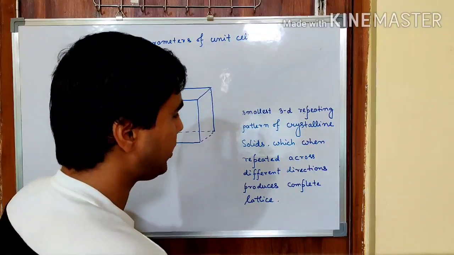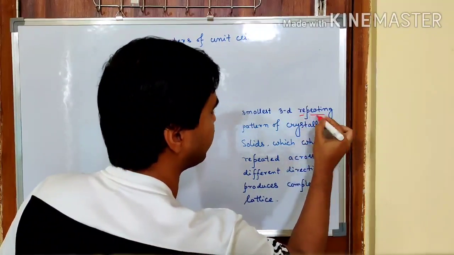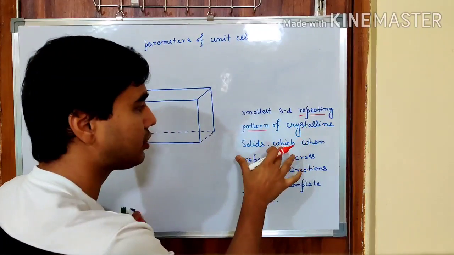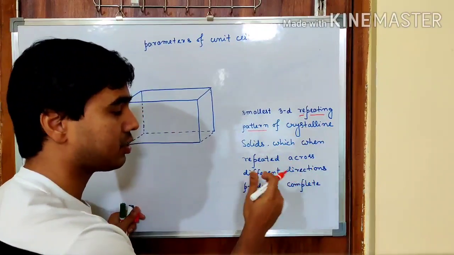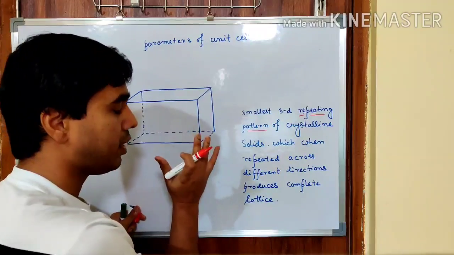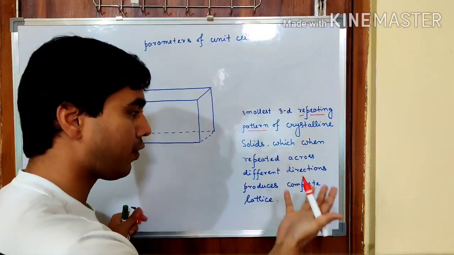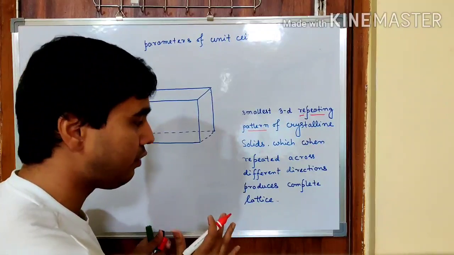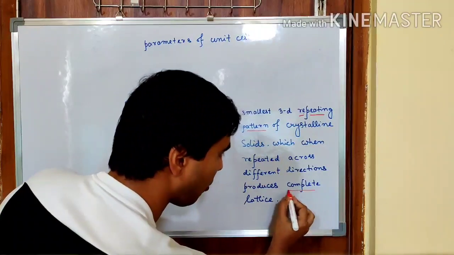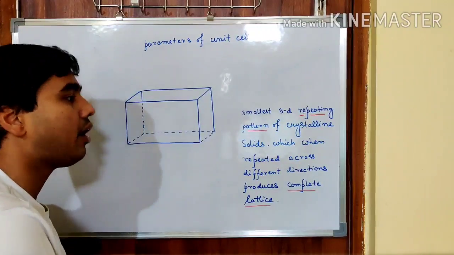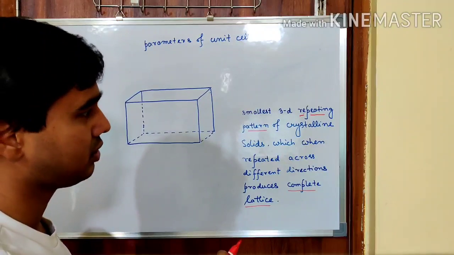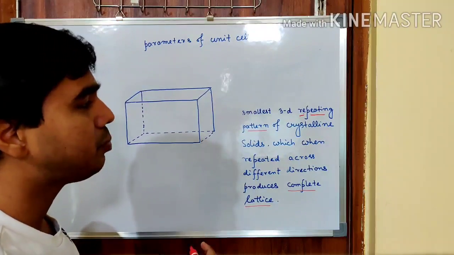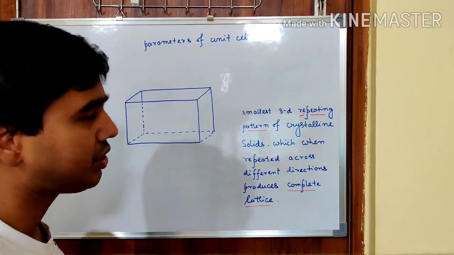It has to be a repeating pattern of crystalline solids, which when repeated along different directions will ultimately give rise to the complete lattice. It's the smallest part, like the bricks in a wall. When it is repeated, the total structure takes place.